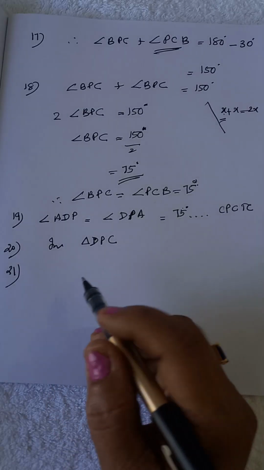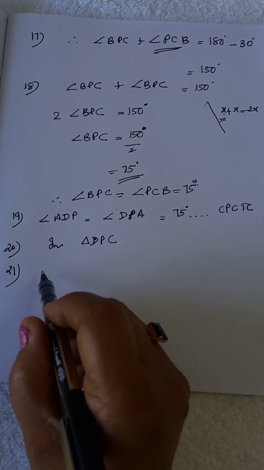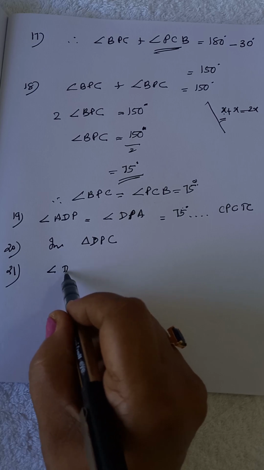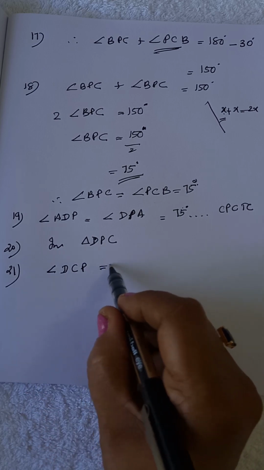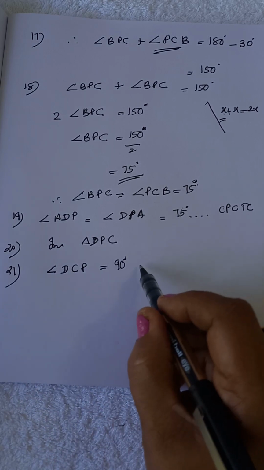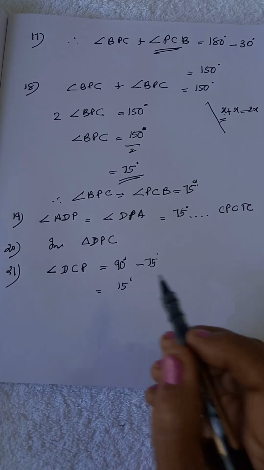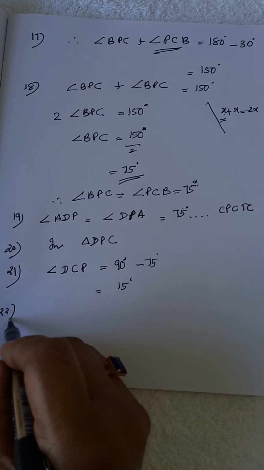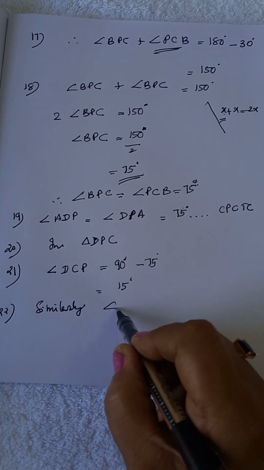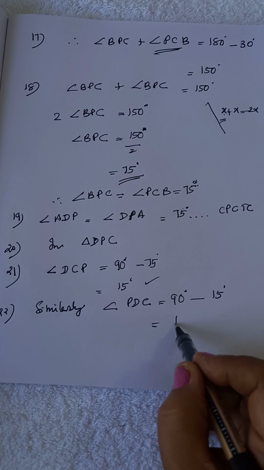So we can write 21st point as angle DCP is equal to 90 degree minus 75 degree, that is 15 degree. So next point is similarly angle PDC is equal to 15 degree.